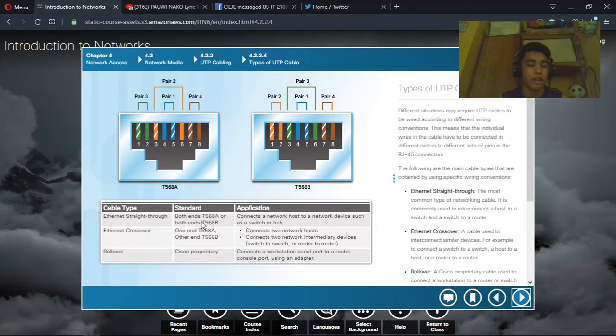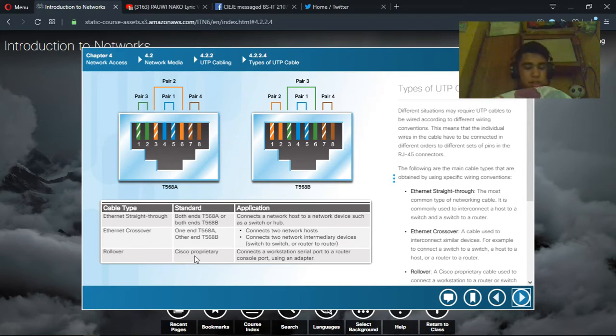For Ethernet crossover, one end is T568A and the other end is T568B, and it connects the same kinds of devices, such as intermediary devices or host devices.